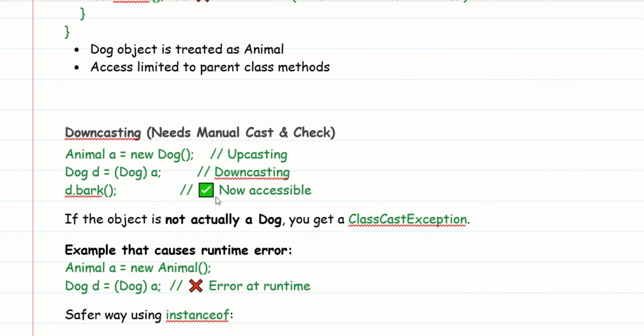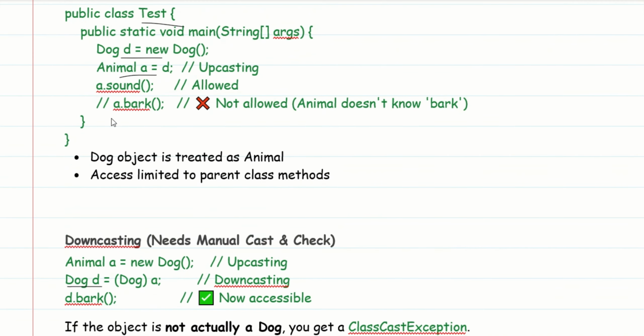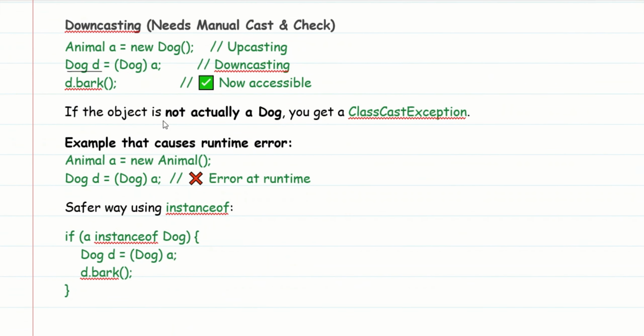Now we have downcasting, where manual casting is required. Here the same approach: first I'm upcasting it, then assigning that value to a Dog. Now I can access the bark method which is within the child class.